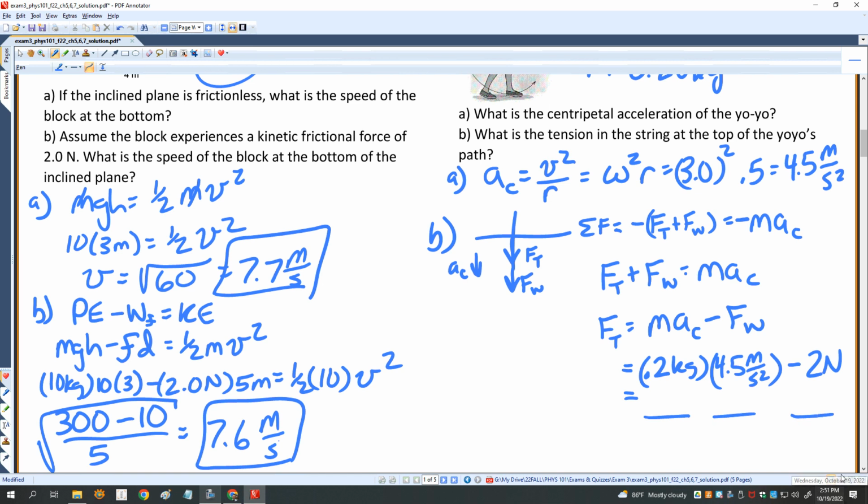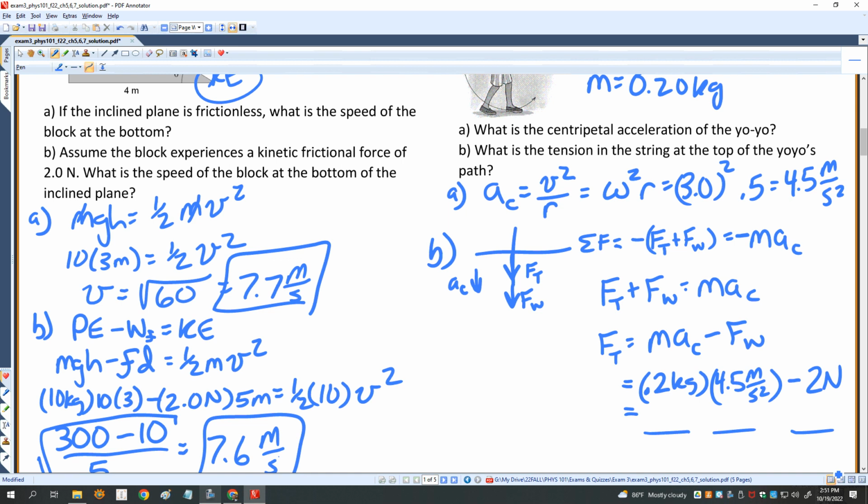I'll have to adjust the numbers because as it works out here, the spin is not going fast enough for it to actually be in a circular path, because I can see that I'm getting a tension that's going to be negative, and that's not appropriate for this. Okay, so I'll fix that.